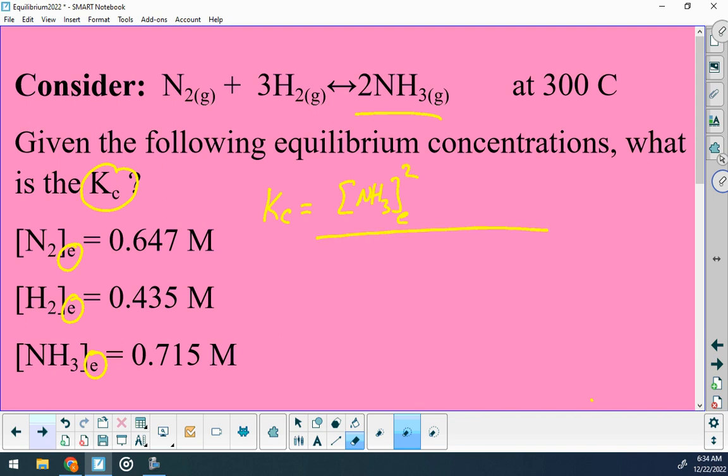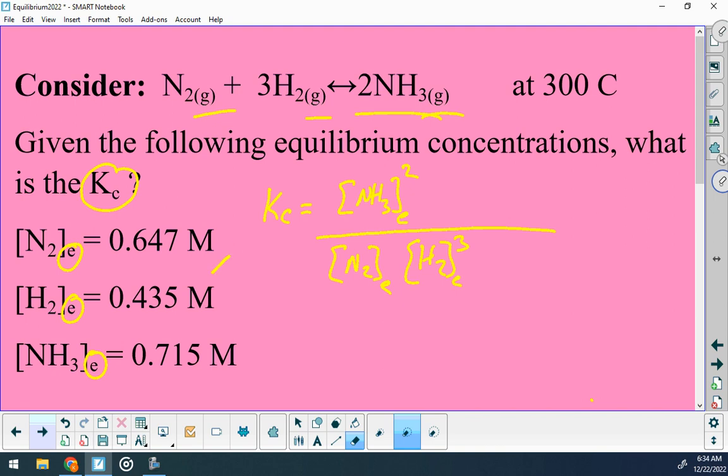And then what am I going to divide it by? The concentrations of my reactants. And remember, they have to be gases or aqueous. These are all gases. So this would be N2 at equilibrium raised to 1, and H2 at equilibrium raised to 3. So there we go. I have my formula, my expression.